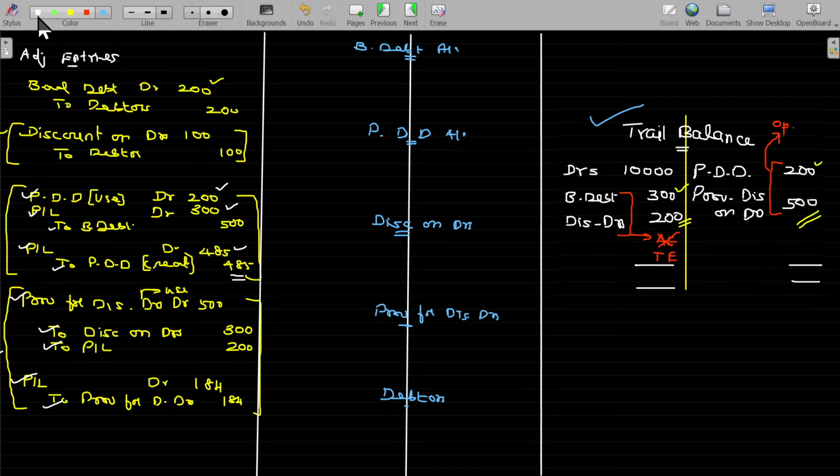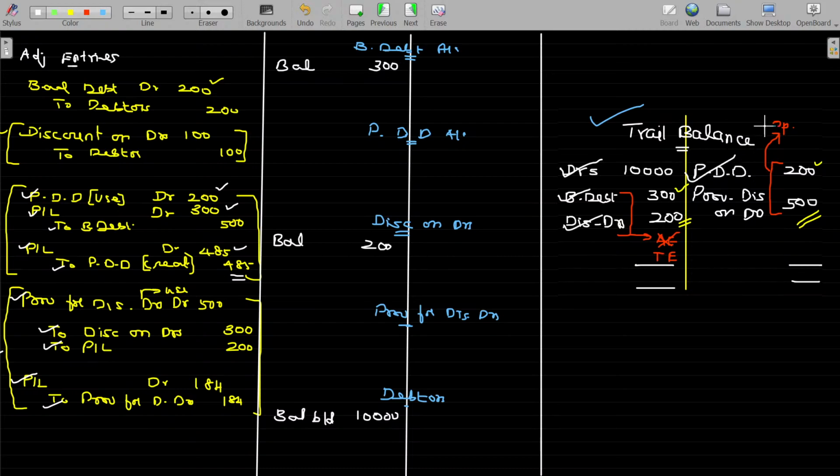Now, this debtors having the debit balance will appear in the debit side. Balance brought down, the value being 10,000. This bad debt already available in the debit side, so balance 300 rupees. Discount on debtors 200 rupees already available here, so balance 200 rupees.